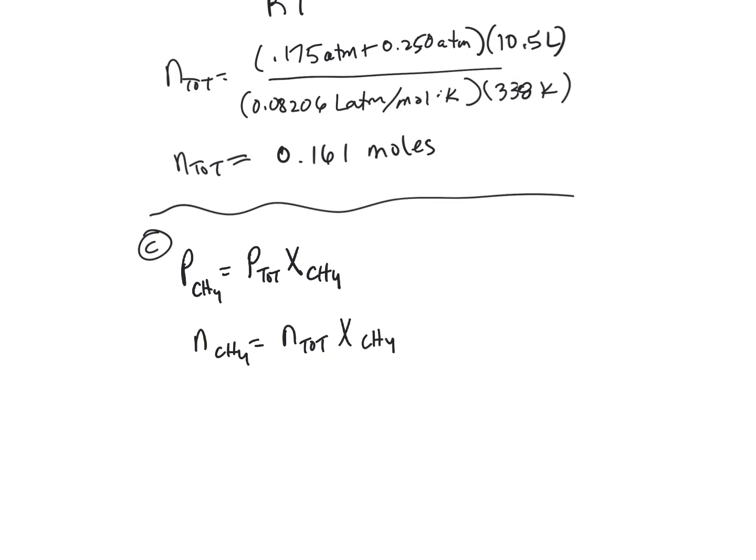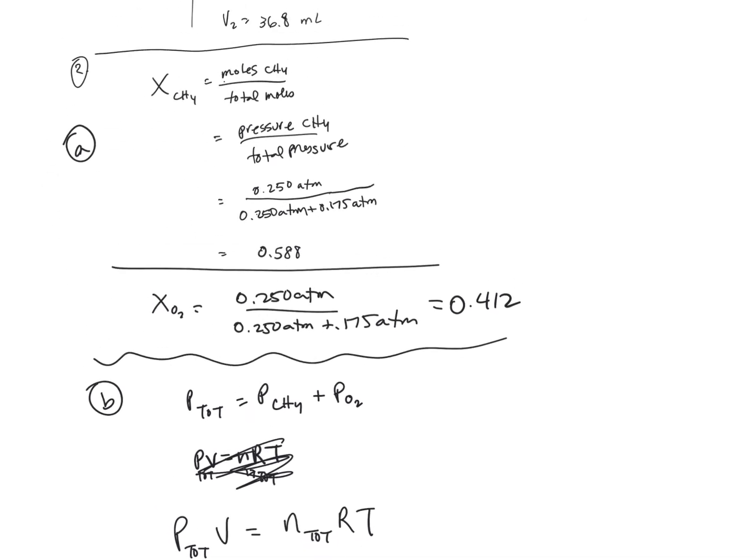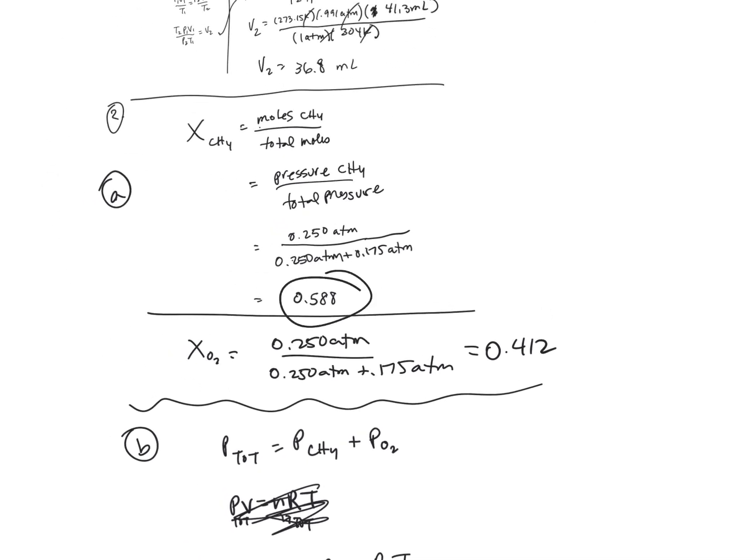So you could use either one, but you don't end up with what you're looking for here, the methane. Here you'd have to use PV equals nRT again to get moles. But the second version of the equation, ratio of moles rather than ratio of pressures, works. So you have N total from part B here. So the moles of methane are going to be equal to 0.161 moles total multiplied times the mole fraction of methane, which is 0.588.